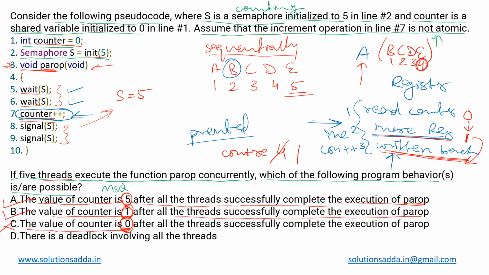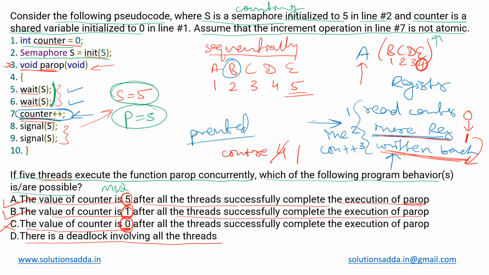And the last one is saying there is a deadlock involving all the threads. Now in this scenario, is a deadlock possible? Let us say we have every process performing 2 wait operations. We have the initial value of S as 5 and we have 5 processes as well.